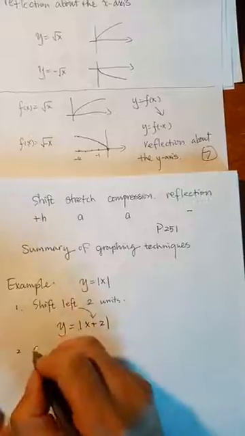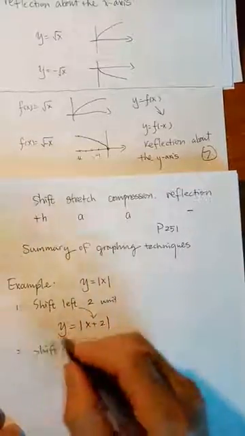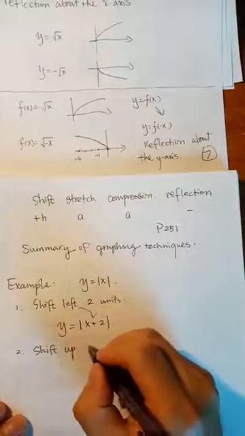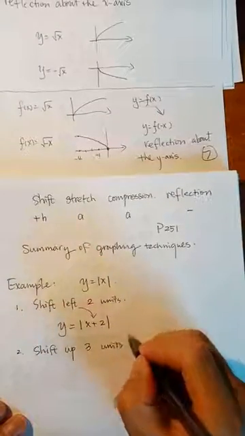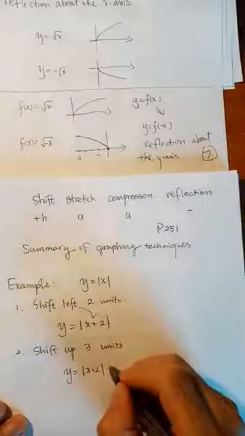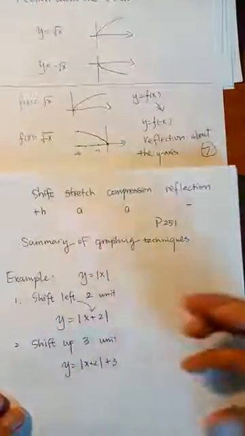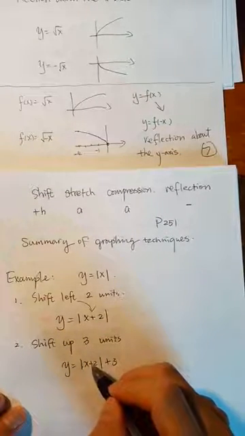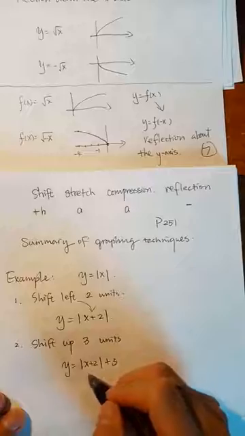And second, after you shift left 2 units, shift up 3 units. Okay, so you have this function. Shift up is plus 3, plus 3 at the end. Left to right, just directly plus or minus a number to x.